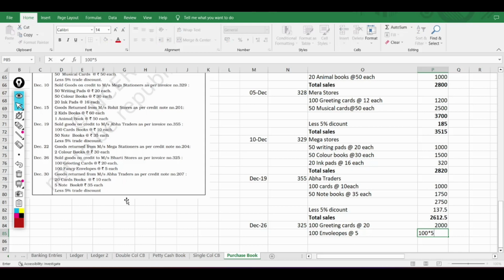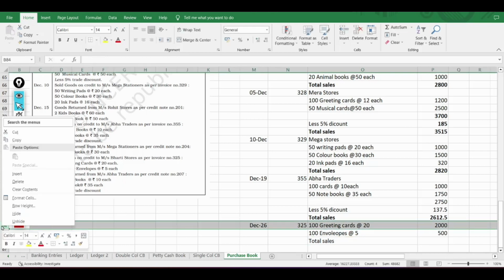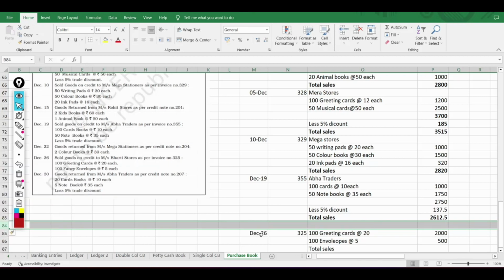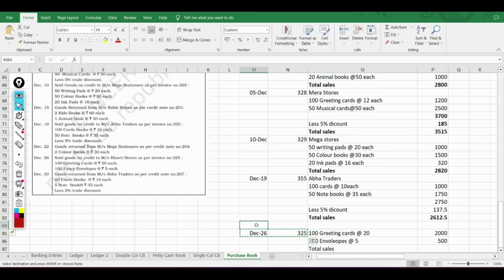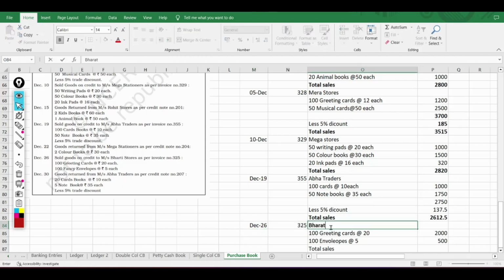So 100 into 5, that is rupees 500. Nothing much. So total sales for Bharti stores will be 2500.